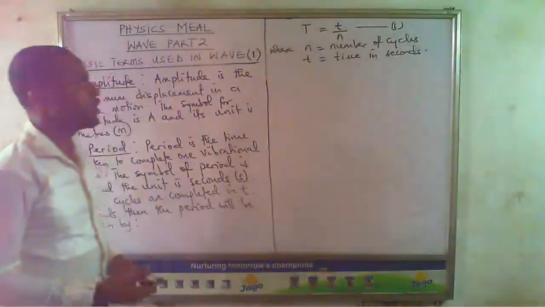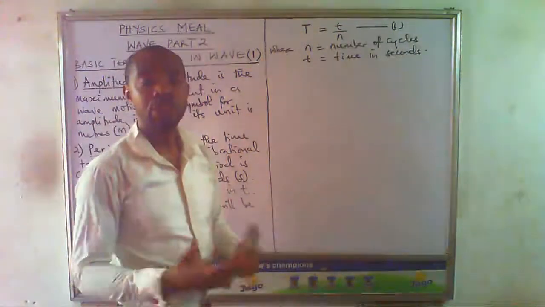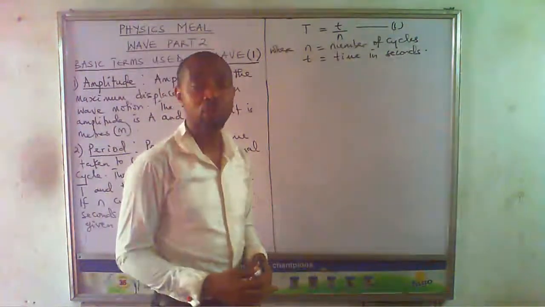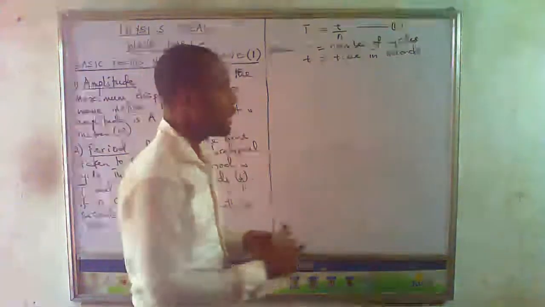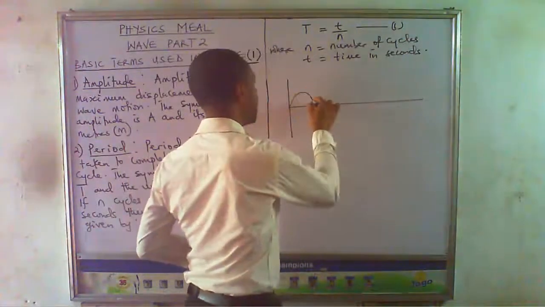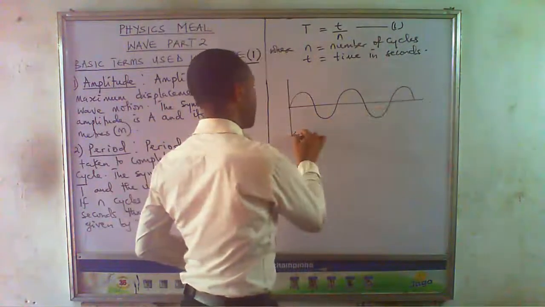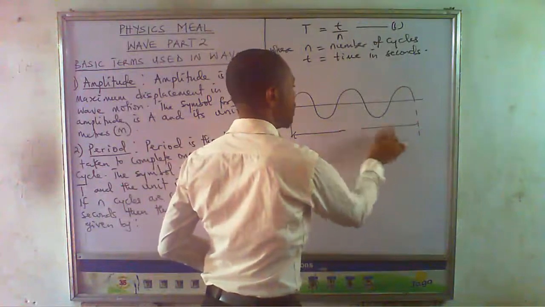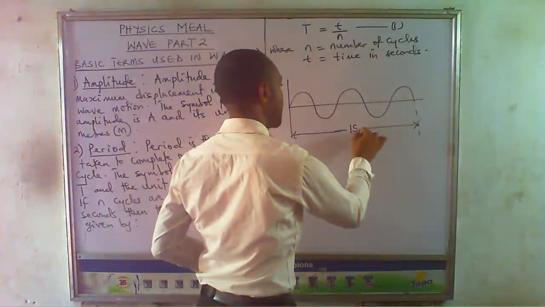So in a situation where the number of cycles given to us is not one cycle, the time taken to complete that number of cycles cannot be period. Let's take, for example, if I have this, and I have that, and I have this, and we have 15 seconds.